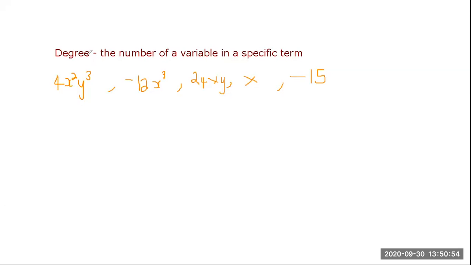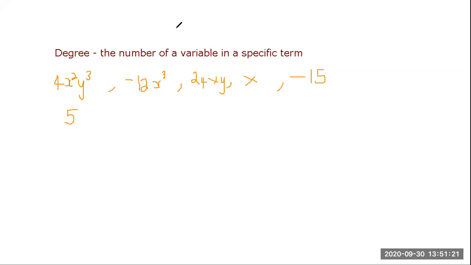If I change the commas to plus or minus signs, they're polynomials. As they are right now, they're all monomials because they're just one term by itself. To find the degree of this, I just add the exponents. So this has a degree of 5.